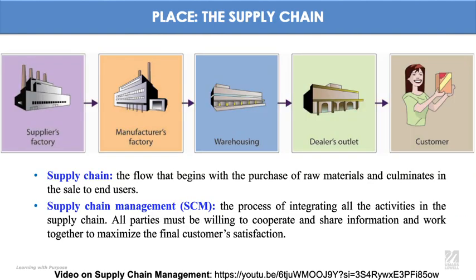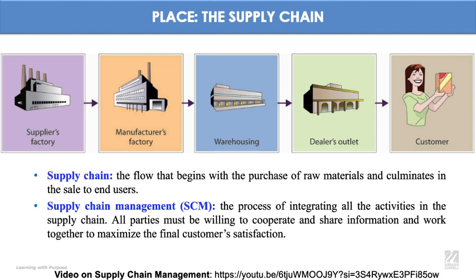And now, we were talking before about the supply chain and all these different types of supply chain that we can have. Basically, what this means is that there is a flow that starts when we buy raw materials to start creating our products and ends when the customer has the product in their hands.